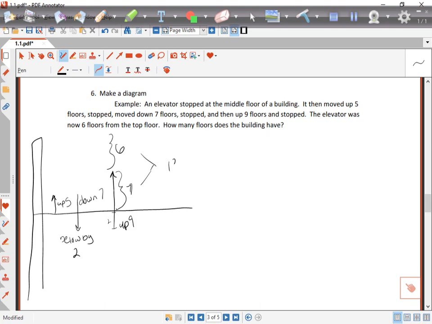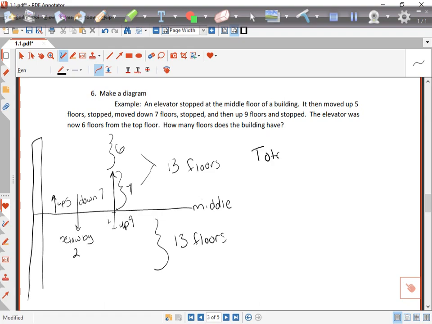So these two added together give 13 floors. Since this is the middle floor, that means that there are 13 floors below also.